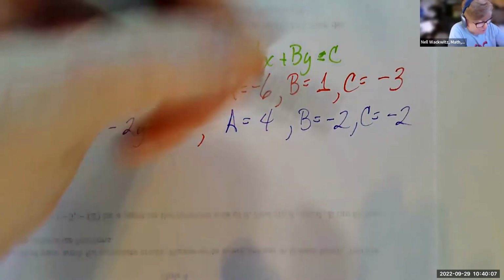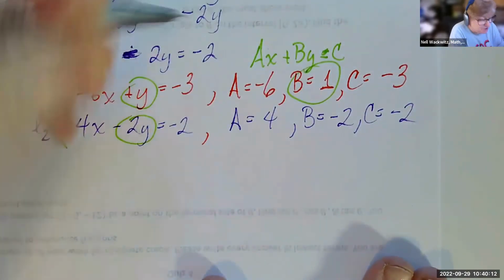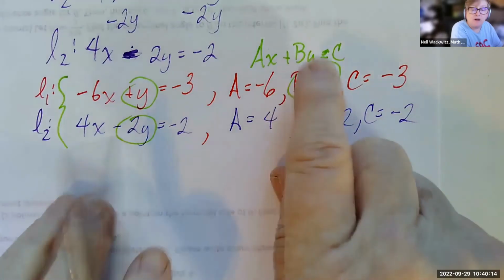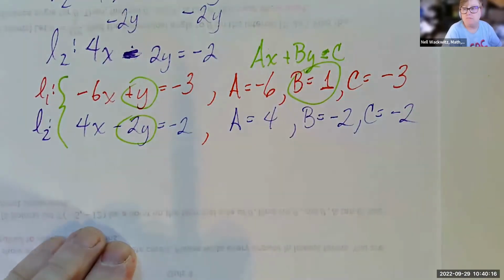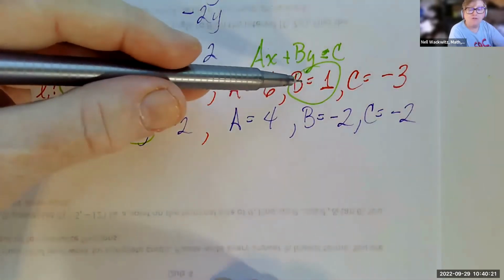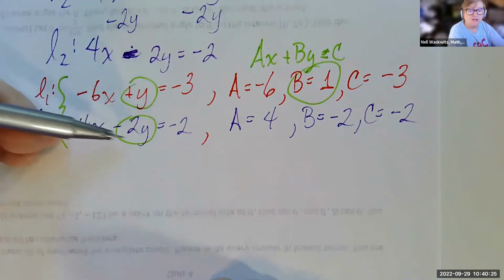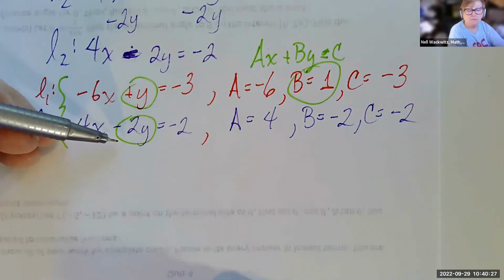So we're going to choose to work with Y. We're choosing to work with Y because one of its coefficients was 1. So we look at the coefficient of Y that isn't 1. That coefficient is 2.